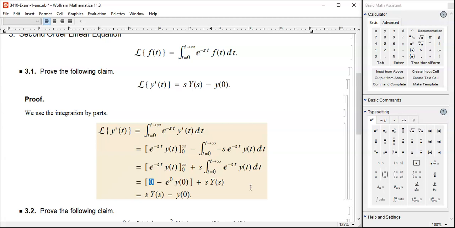So e to the negative infinity times a function is always 0. And then t equal to 0, then e to the 0 power is, of course, 1. So we have simplification like this: s Y of s minus y of 0.